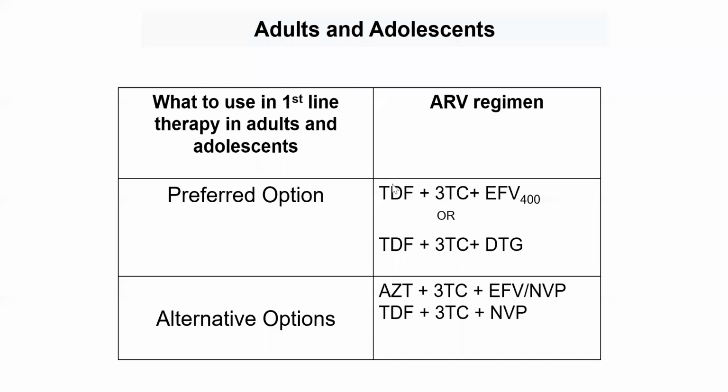So this is 2 NRTIs plus an NNRTI, as I was explaining before. Then we have another option, which is TDF plus 3TC plus DTG, dolutegravir. Dolutegravir is an integrase inhibitor, so this is an option of 2 NRTIs plus an integrase inhibitor.